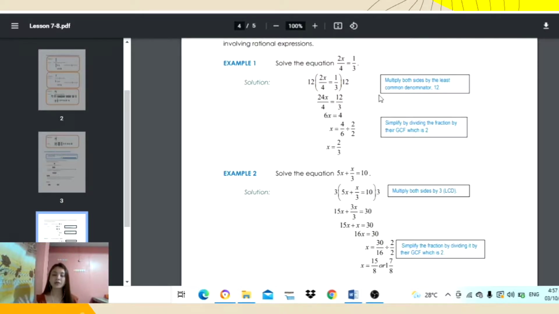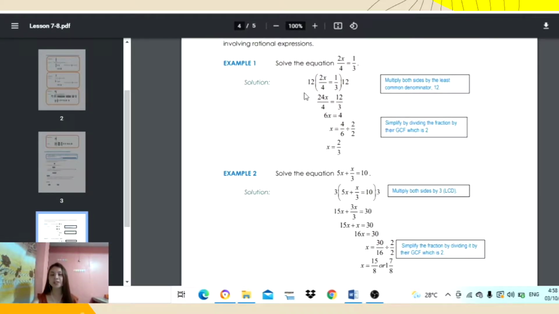And I believe you already know how to get the LCD of two numbers. In this example, we'll have to find the LCD for 4 and 3, and that is 12. So we'll have to multiply both sides of the equation by 12, meaning multiply it by 2x over 4 and multiply it by 1/3. So our 12 here is just equal to 12 over 1 in fraction form, right?